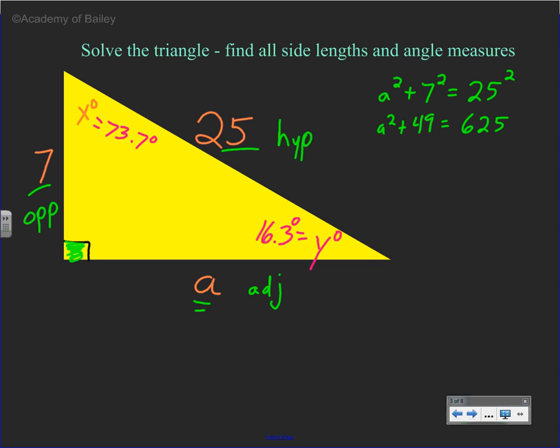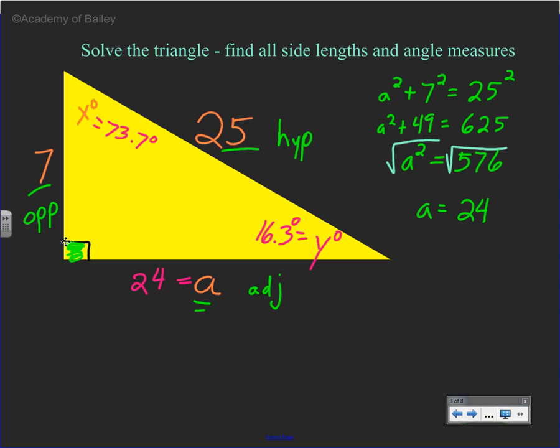You need to get a by itself, so you subtract 49 from both sides, and a squared is 576. The opposite of squaring something is the square root of it. So a is equal to the square root of 576, which is 24. A is equal to 24.